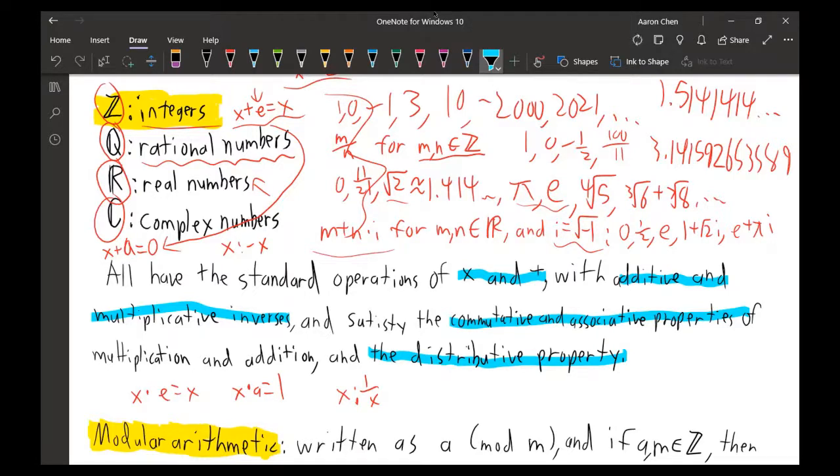The commutative property is that for any operation, which we can just call star, a star b is equal to b star a. Similarly, the associative property is that a star of b star c is equal to a star b, star c.